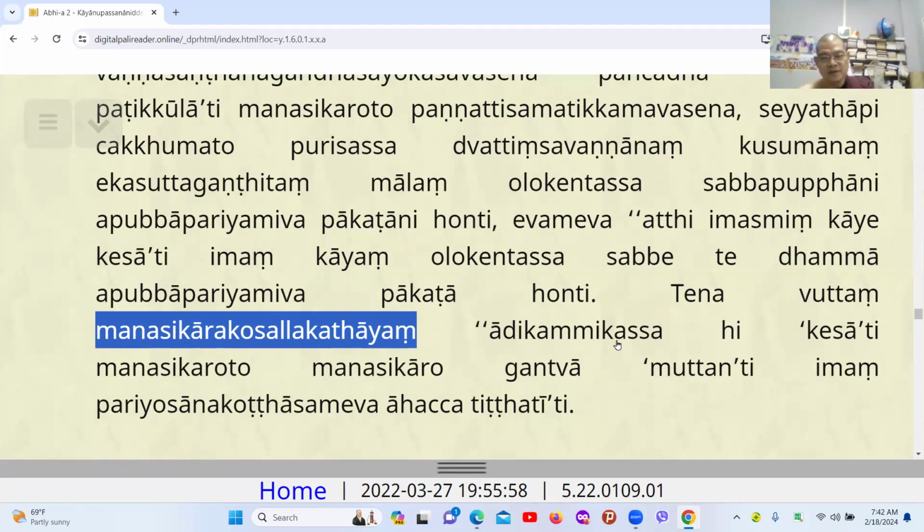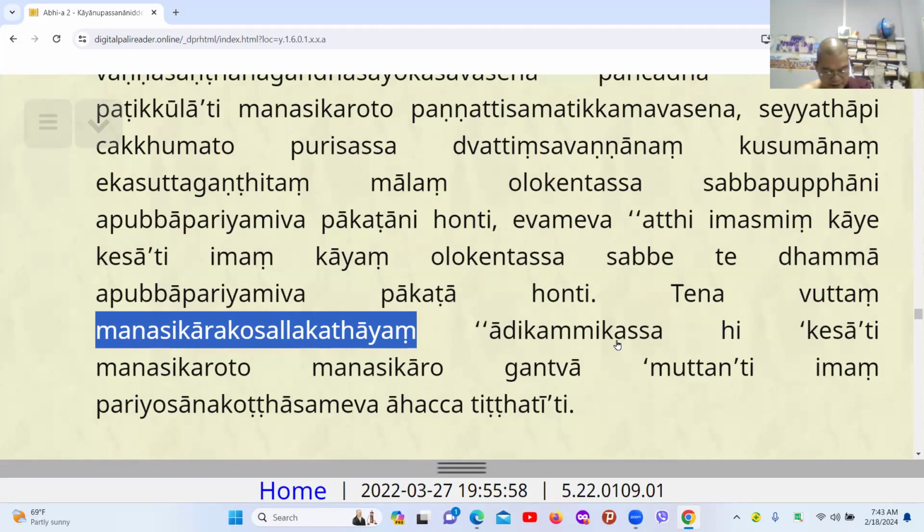So he starts with Kesa, then goes quickly through to Mutta. He can observe very well because he has Manasikara Kosala. He is capable of bringing the object to mind, and is very careful. He also observes the 32 parts of the body, and wants to get through all of them quickly.